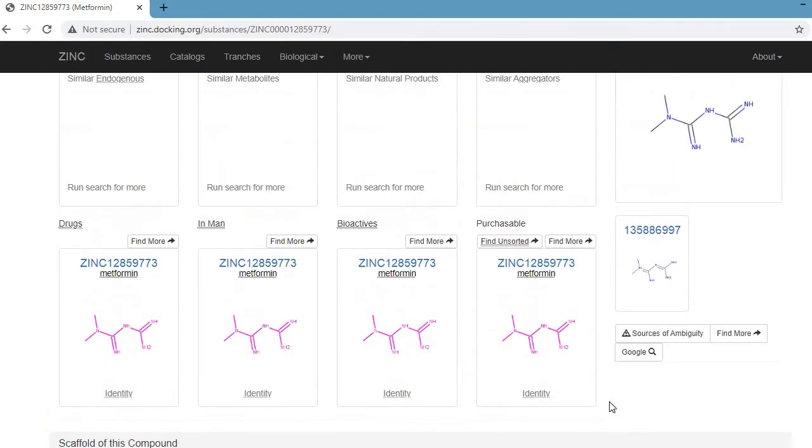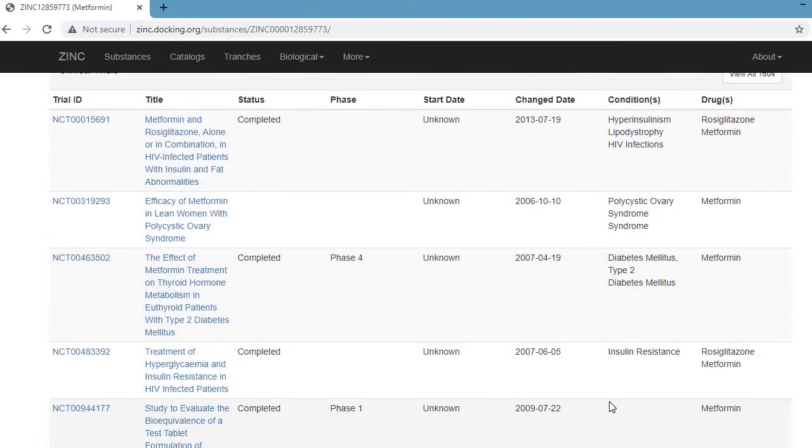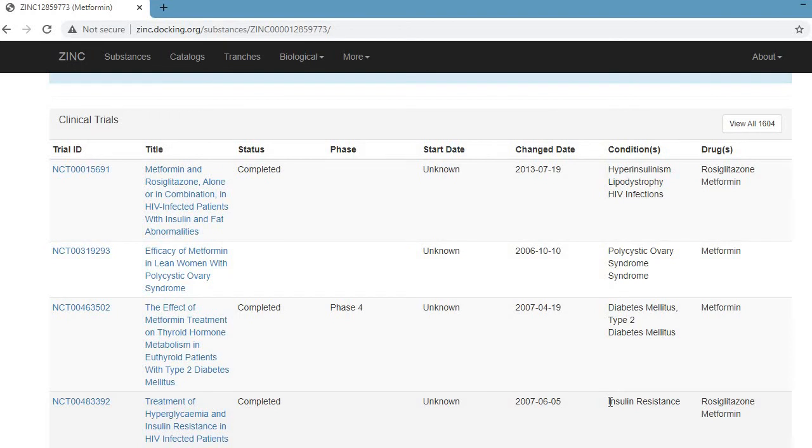These are the analogs with ZINC IDs given. Here are the clinical trial studies, like metformin and rosiglitazone alone or in combination in HIV infected patients with insulin and fat abnormalities.